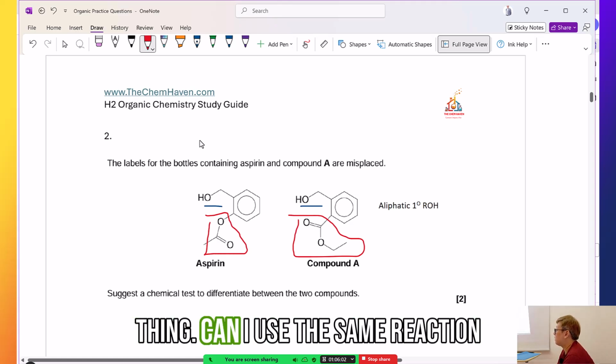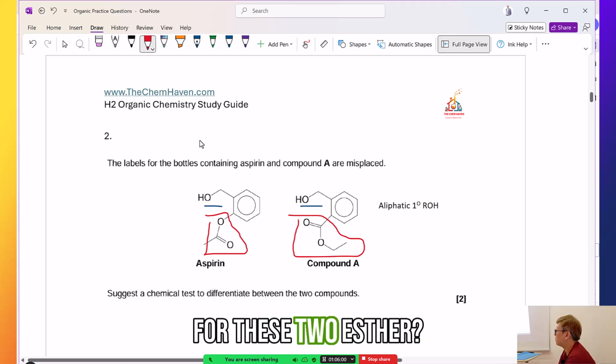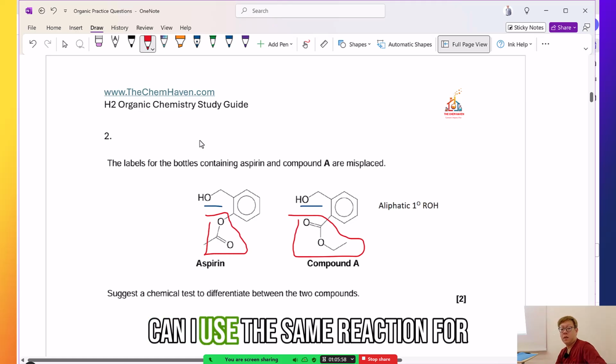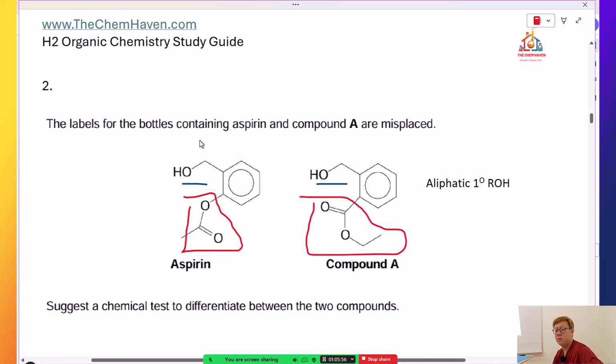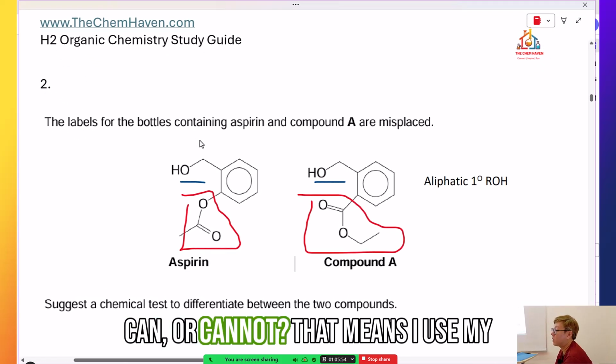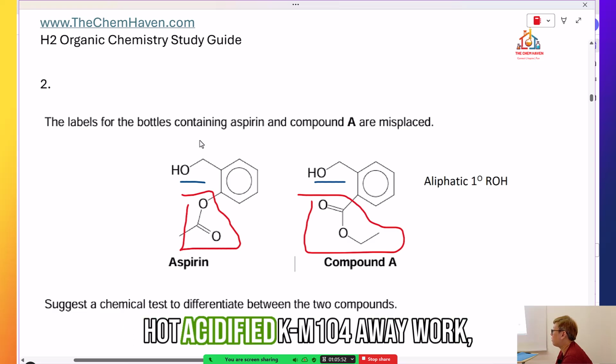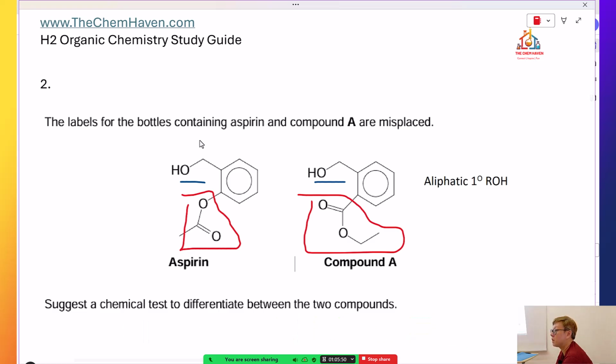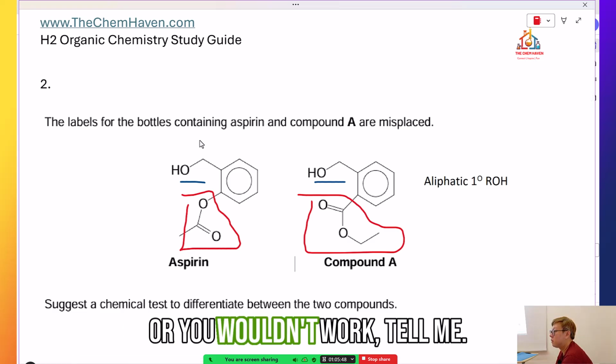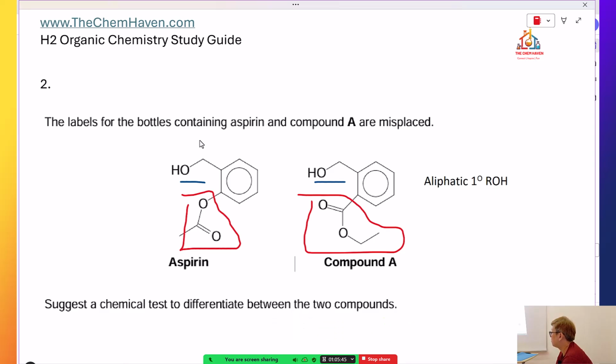So I want you all to think, can I use the same reaction for these two esters? Can or cannot? That means I use my hot acidified KMnO4. Will it work? Or it wouldn't work? Tell me. What should I use?